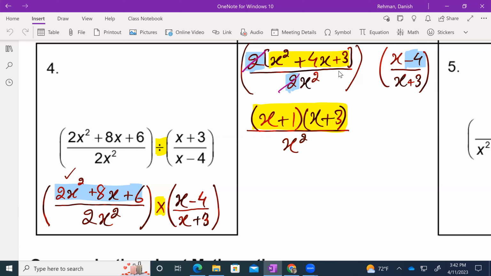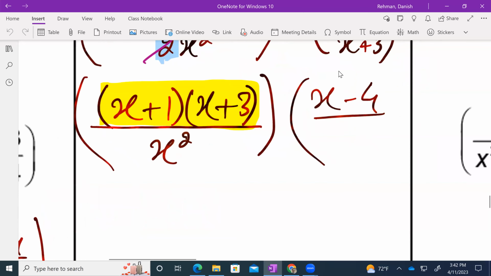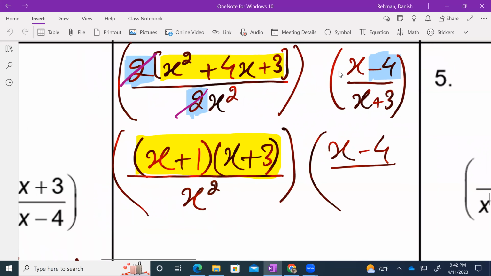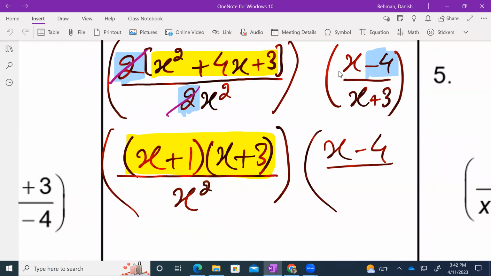Then let's think about the other factors. X minus 4 over x plus 3 is the other rational function that we have here. Let's remove the things which are not our concern at this time. Now, what do you think? Now, what can be cancelled out?